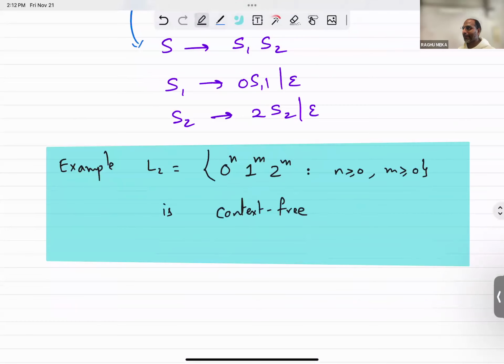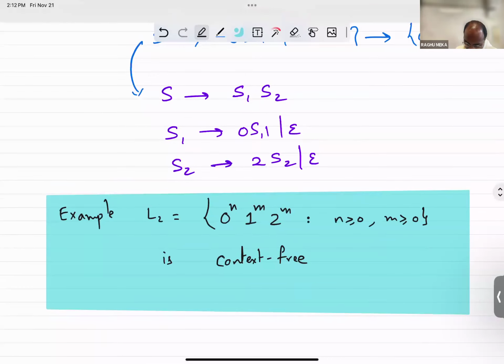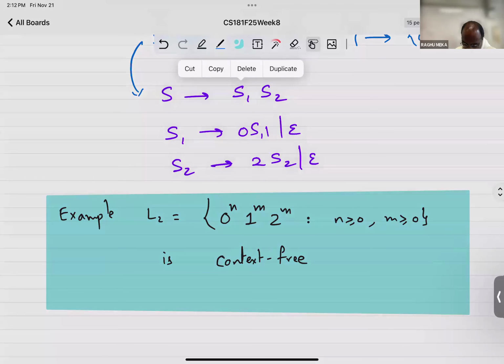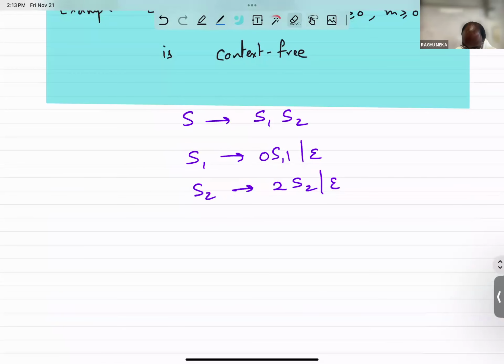Any suggestions? Yeah. Exactly, right? So we don't have to start from scratch. We kind of know what to do. We just need to interchange the roles of these things, right? So maybe let me make this S1.